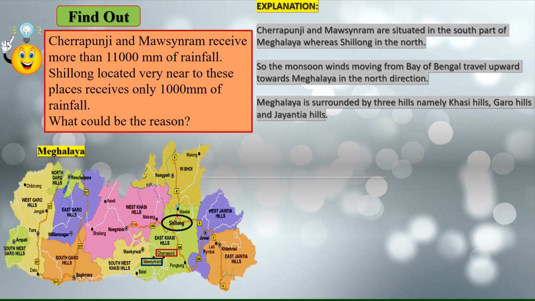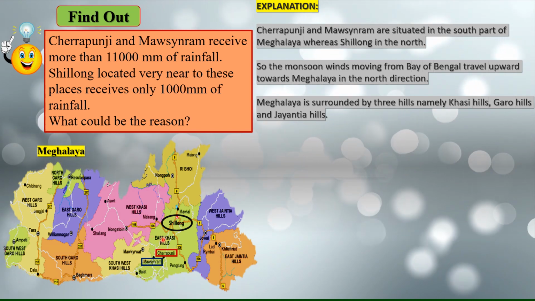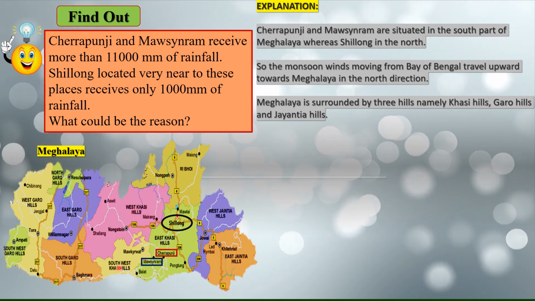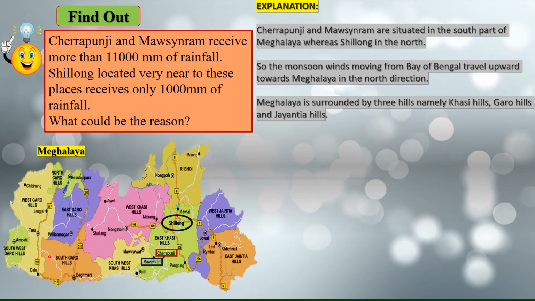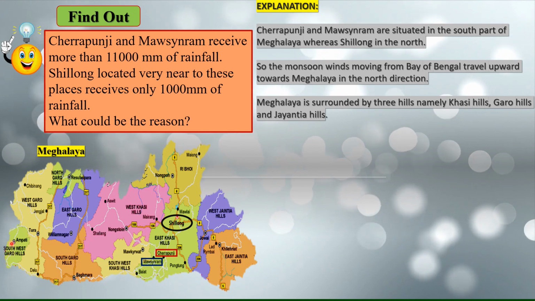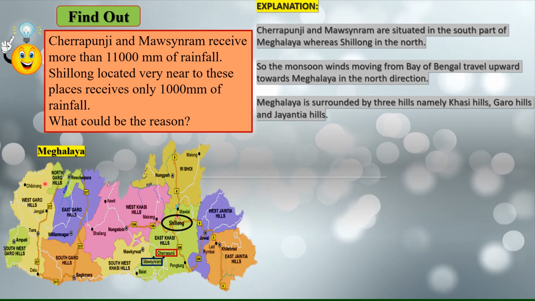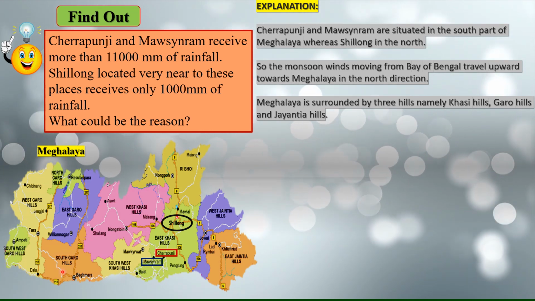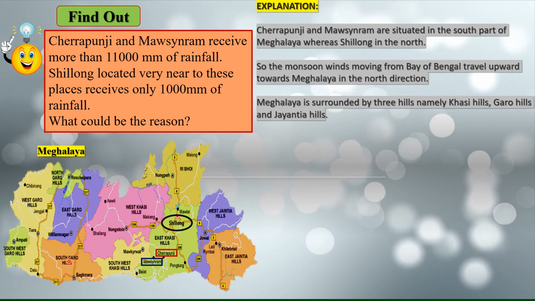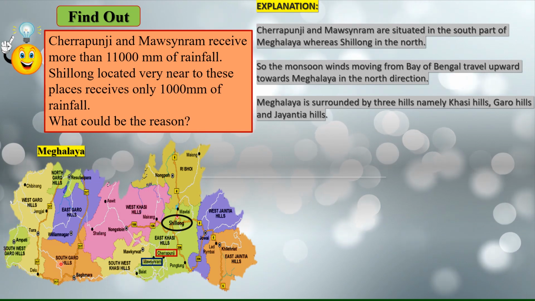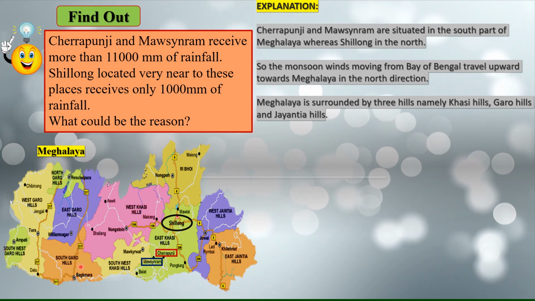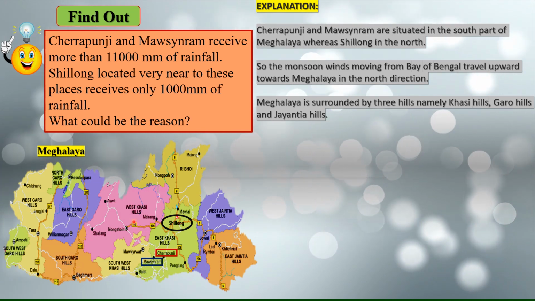Then we have the West Khasi Hills, the East Khasi Hills, the South Khasi Hills. And these are the Garo Hills: the North, West, South, and Southwest Garo Hills. So Meghalaya is surrounded by these 3 hills.